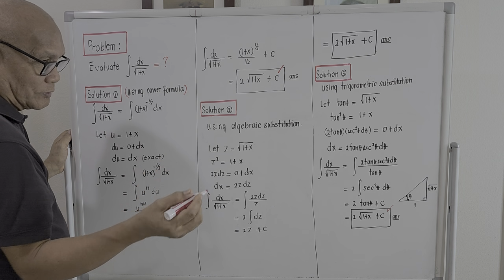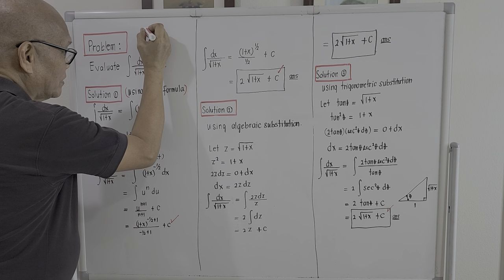Under the study of integral calculus, there is the integral formula: the integral of u to the n du is u raised to n plus 1 over n plus 1 plus c. That's the format of solution number 1.